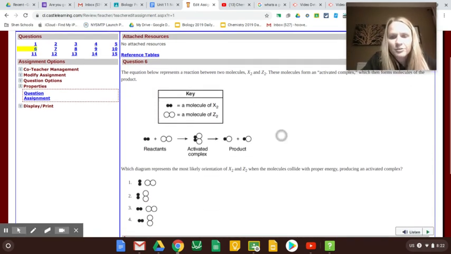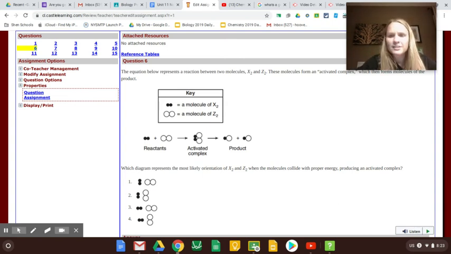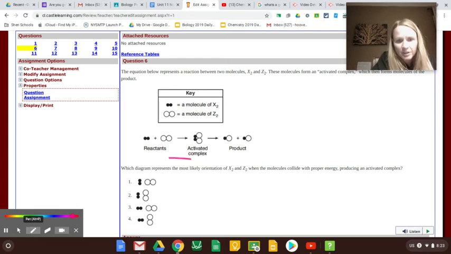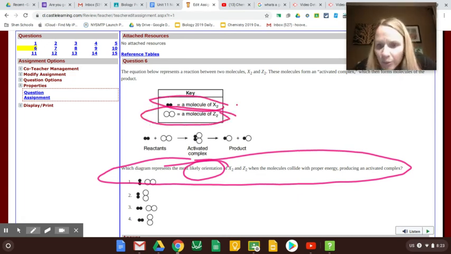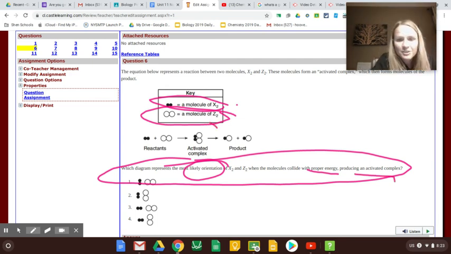Okay, this is also a 2018 question I was surprised at. It says, which diagram represents the most likely orientation of X2 and Z2, where they would collide with the proper energy and orientation, producing a really good activated complex? So you got to really just look at all the stuff they gave you.